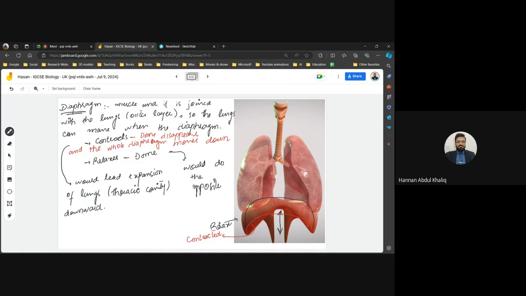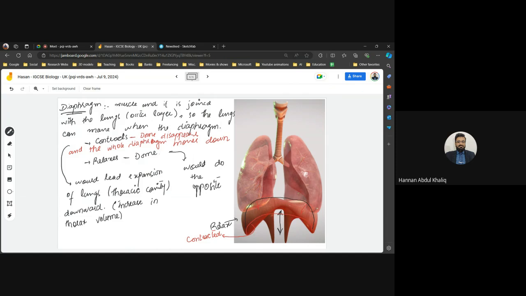The relaxation of the diaphragm would squeeze the thorax, or reduce the volume of thorax. Contraction would mean an increase in thorax volume. Now, when the lungs expand, what do you think should happen?